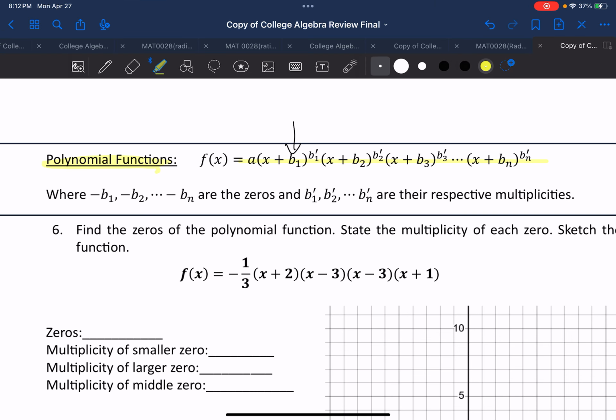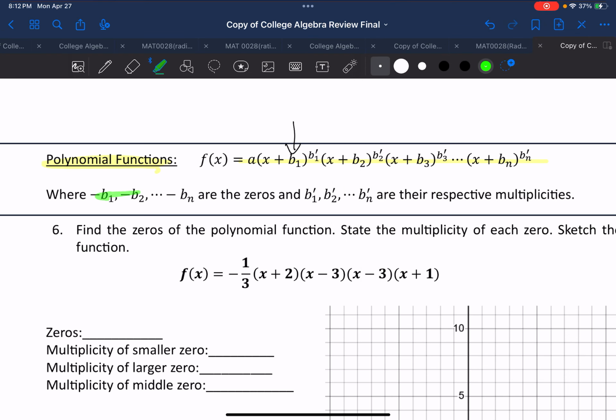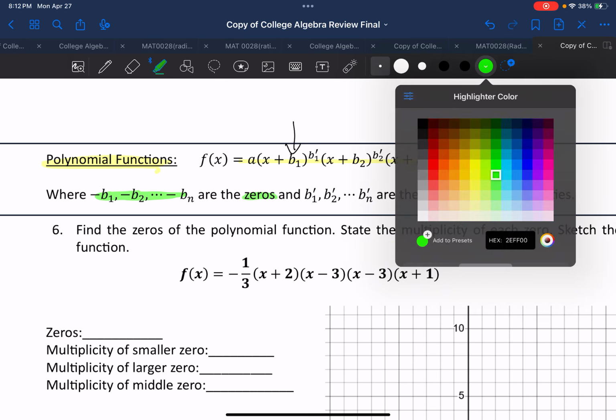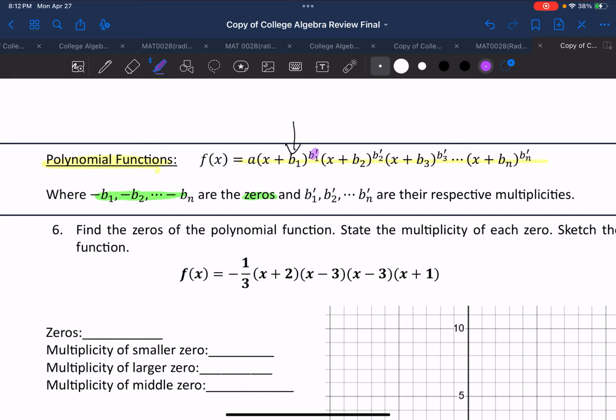So negative b1, negative b2, dot, dot, dot would be the zeros. Always the opposite sign of the number inside the factor, because that's what makes it 0. And then the exponents on each factor, if it's in its factored form, these are the multiplicities of those zeros.